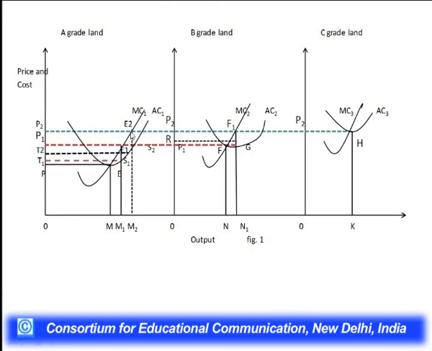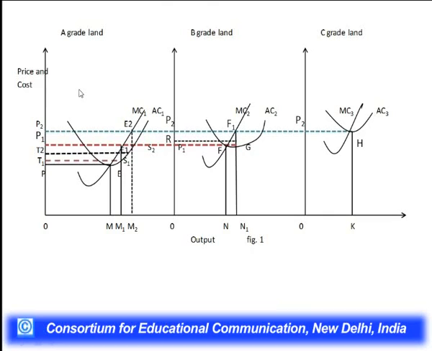So what you find here again is that on this piece of land, price is now greater than the average cost of production, and rent is P2, E2, S2 and T2. That is the rent on the earlier doses of labor and capital.